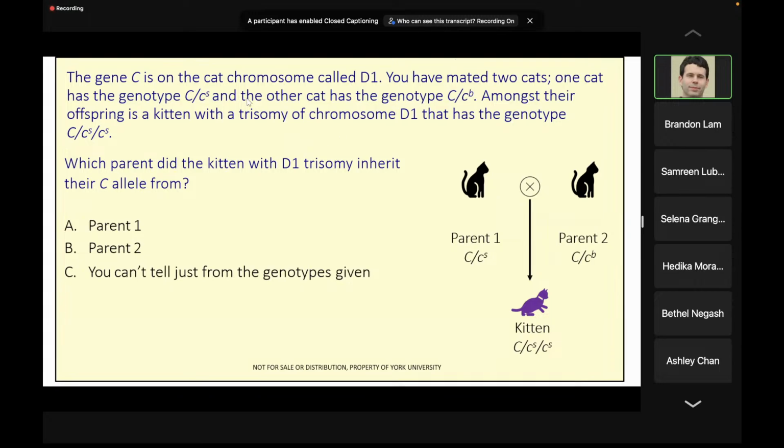Gene C is on a cat chromosome called D1. You have mated 2 cats. One cat has the genotype big C, CS. The other cat has the genotype big C, CB. Amongst their offspring is a kitten with trisomy of chromosome D1 that has the genotype C, CS, CS. So what does trisomy mean?